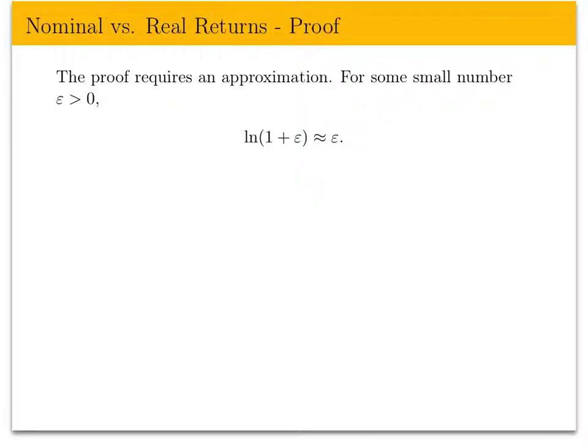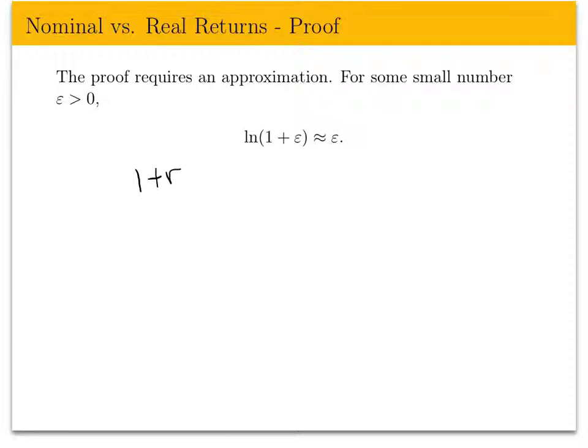To complete the proof, we're going to rely on an approximation, and that is, for some small positive number, let's call it epsilon, the natural logarithm of 1 plus epsilon is about equal to epsilon itself. You can go verify this in a calculator. So let me begin by writing the relation that I had on the previous slide.